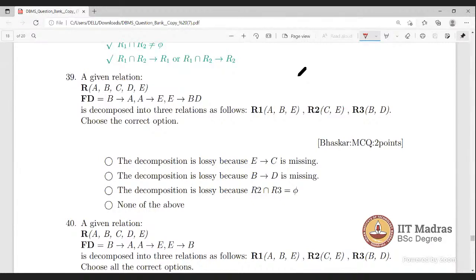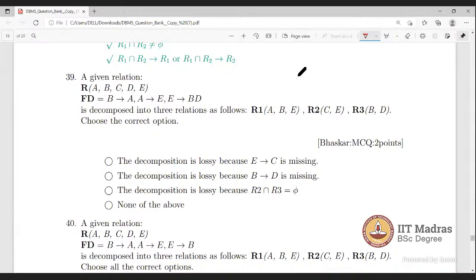But let us check R3 and R1. R3 and R1 have common attribute B, correct? So we can join R1 and R3 and then check the intersection with R2. Once we join R1 and R3, we will get one extra attribute. What is that attribute?